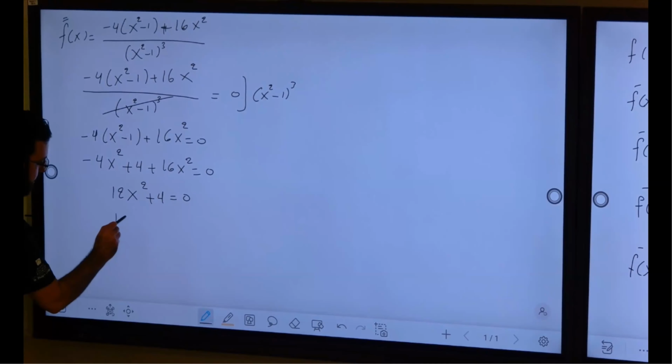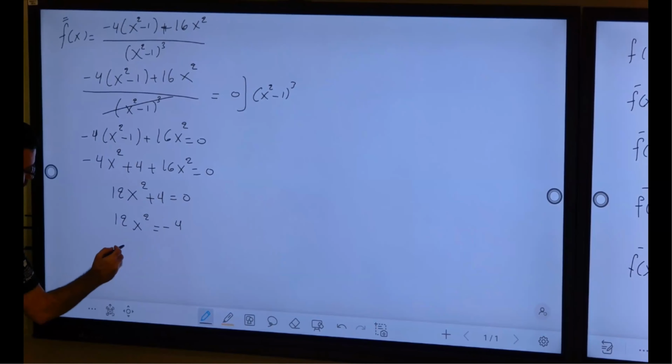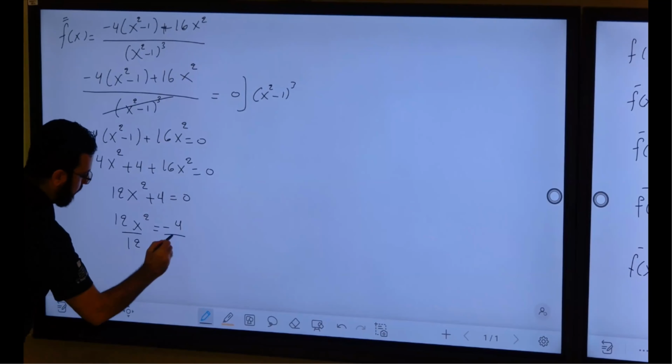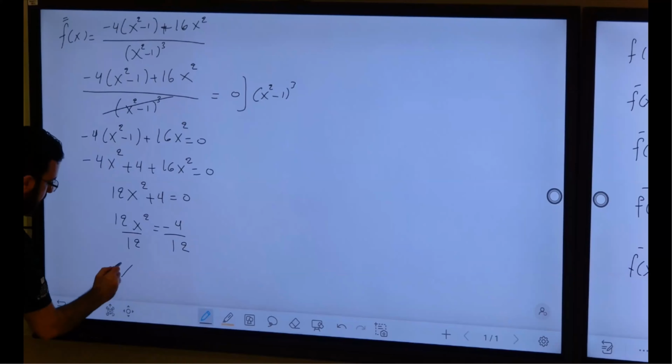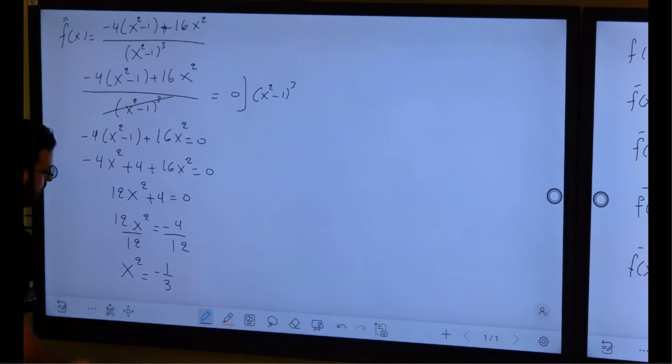Now 12x squared is going to be equal to negative 4. Divide both sides by 12. It's going to be negative 1/3. The whole work for nothing.